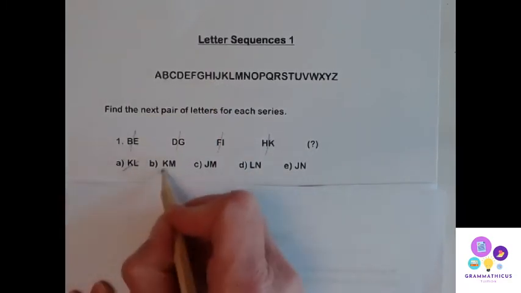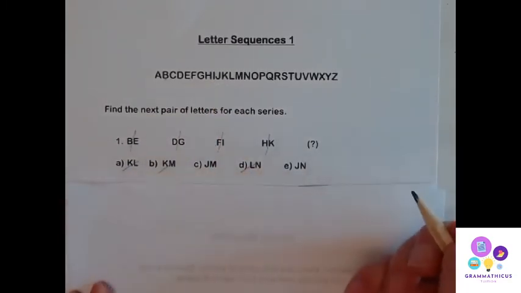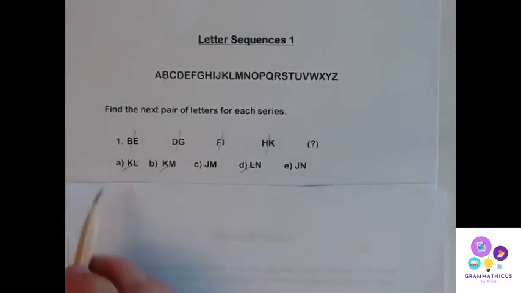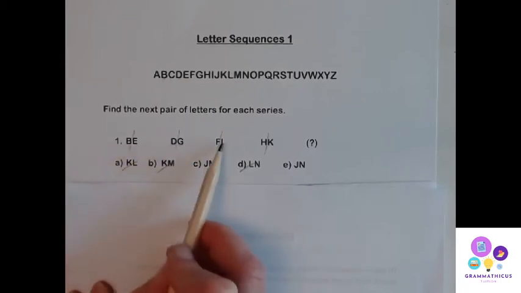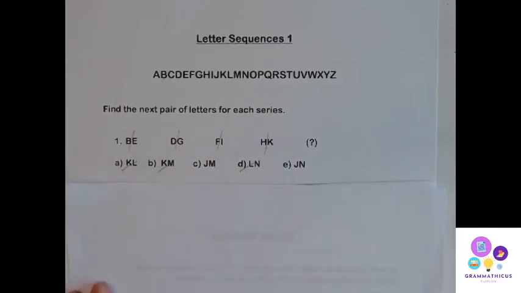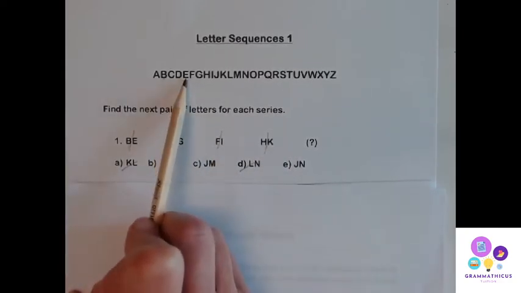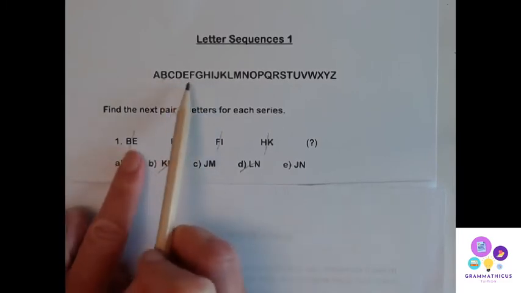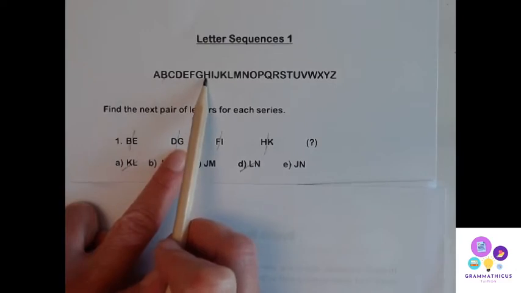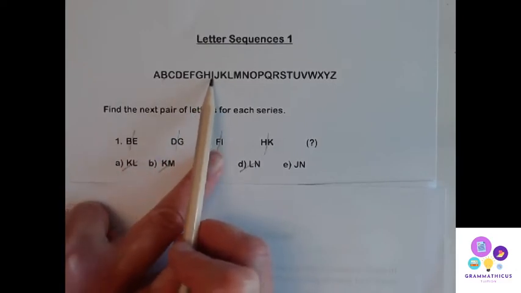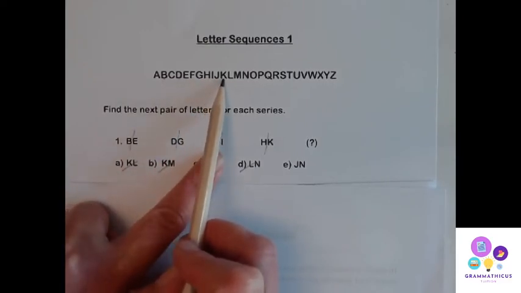So I'm going to cross out any of the pairs that don't start with the letter J. Now we're going to go to the second in the pair. We're going to find the sequence from E, G to I to K. E to G is forward 2, G to I is again forward 2, I to K forward 2, so I'm going to go forward 2 again.